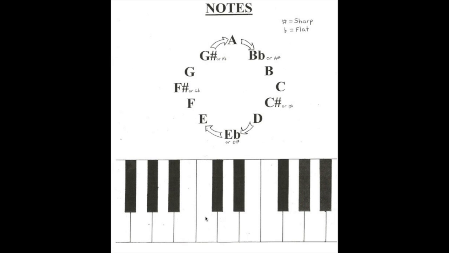This key here is a C, so we come up one semitone or half tone, and that becomes C sharp. Just to explain semitone and half tone: sometimes it'll be called a semitone, sometimes people will call it a half tone. A full tone is just twice as much as that.